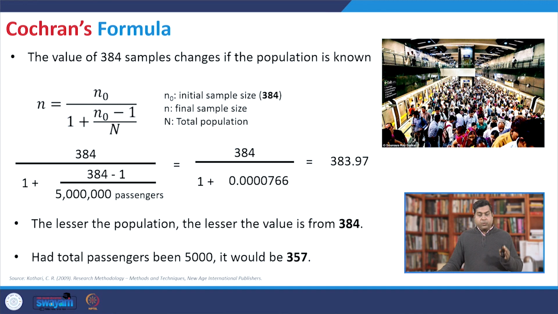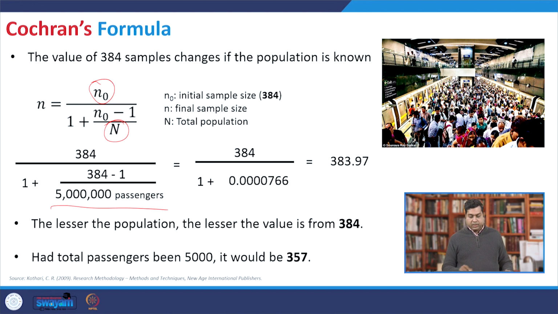Now, if we know the population, so let us assume that we have around 50 lakh passengers, 5 million passengers. Then how can we modify our initial sample size, which is n0? Here we calculate it like this: the final sample size, small n, equals n0 divided by 1 plus (n0 minus 1) by N. This capital N is the total population.